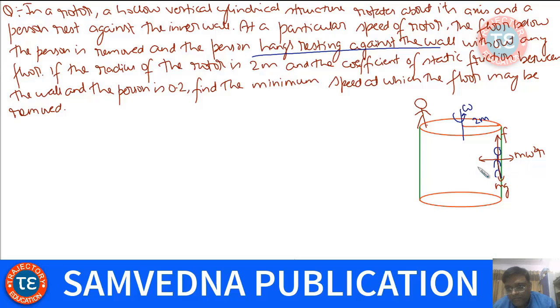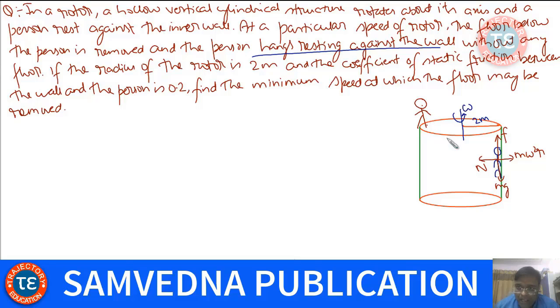But the motion of this body is constrained in this direction, so you have a normal reaction. Motion of this body is constrained in the radially outward direction, so this rotor is going to apply a normal reaction in the radially inward direction, right? So we are trying to correlate the observation made by this observer for this person.